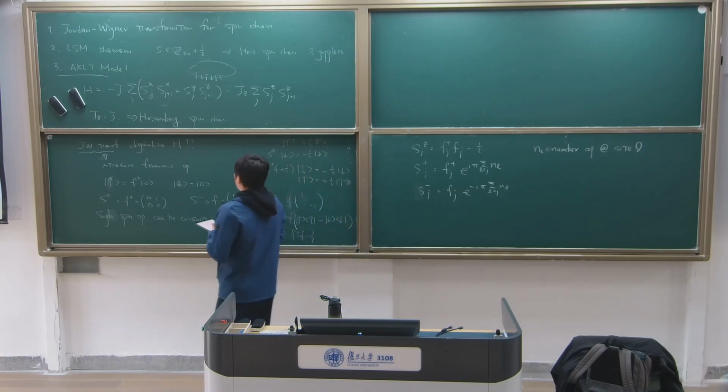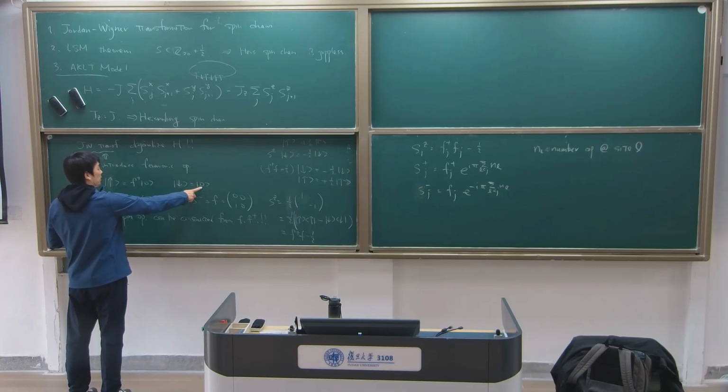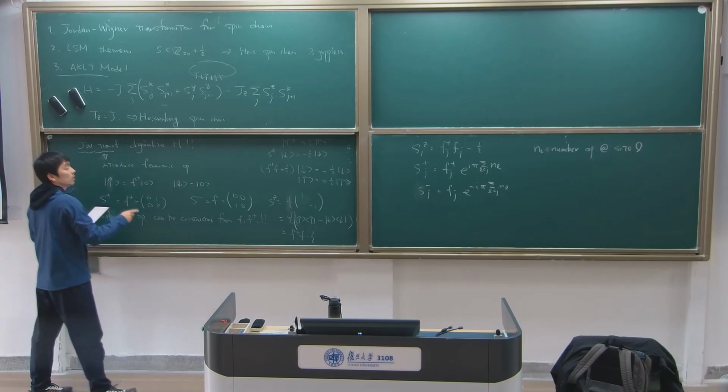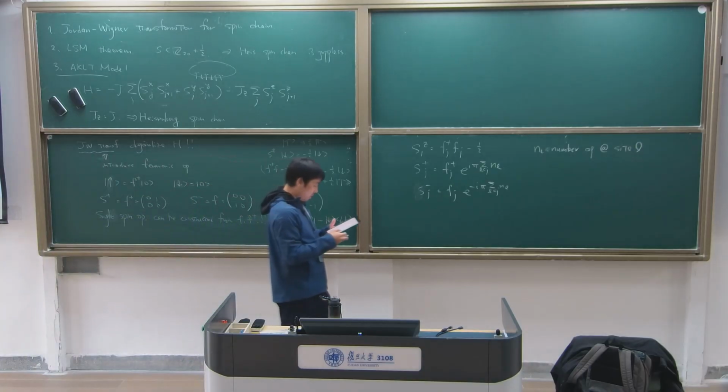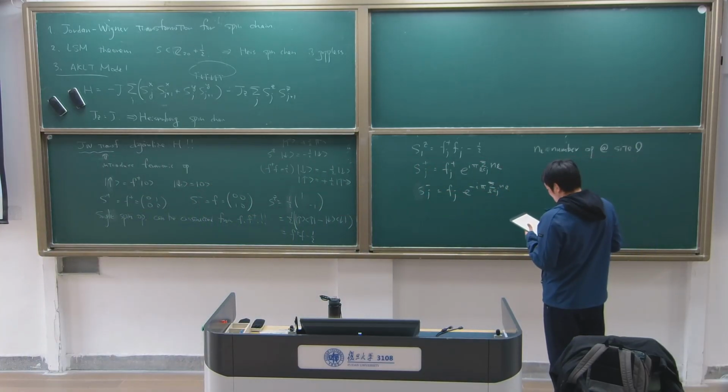So this is the number of 0, and this is 1. That's okay.